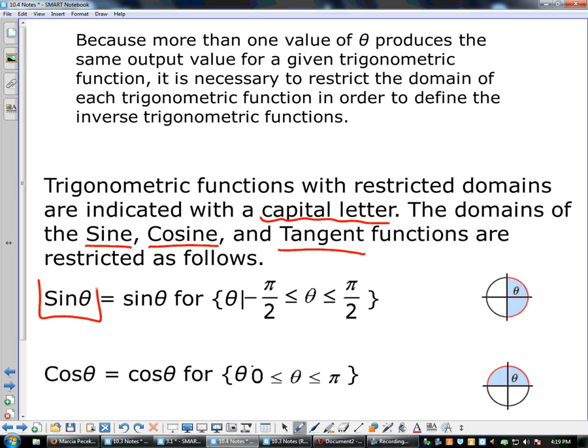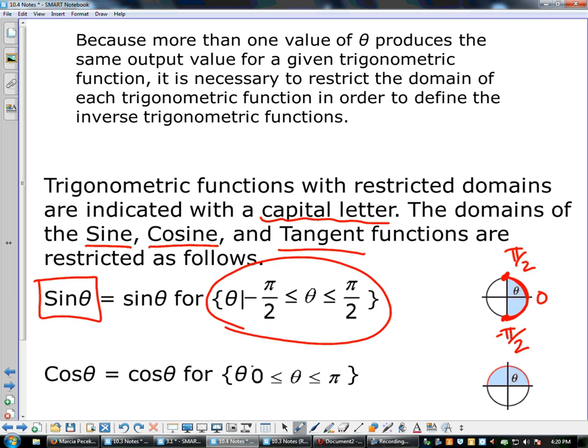For capital sine, it's going to be regular sine, except we're only looking at the angle theta between negative pi over 2 and pi over 2. Negative pi over 2 is here on our unit circle, and pi over 2 is here. That means we're only looking to find our answer on the right side of the unit circle. Here's 0.